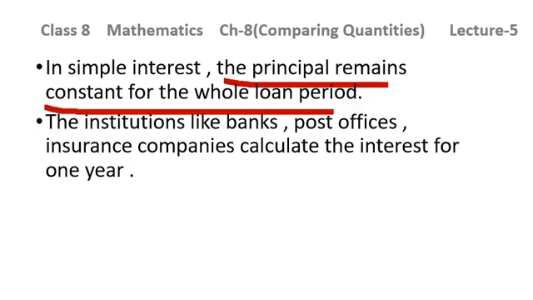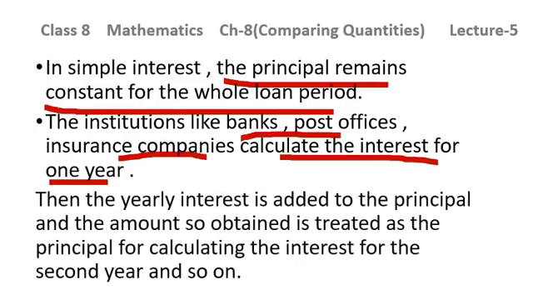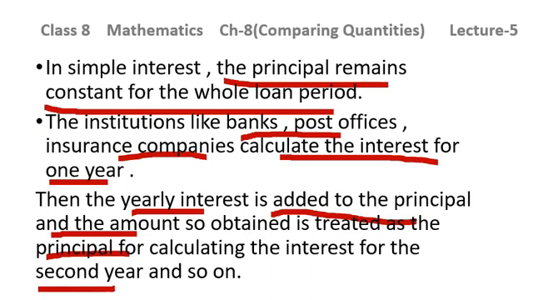Institutions like banks, post offices and insurance companies calculate the interest for 1 year, and then the yearly interest is added to the principal, and the amount so obtained is treated as the principal for calculating the interest for the second year and so on.